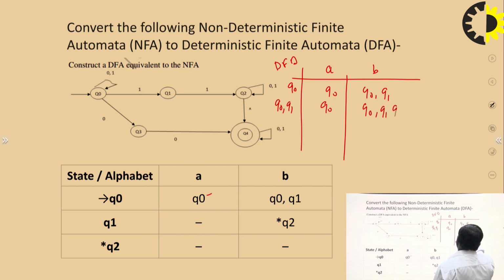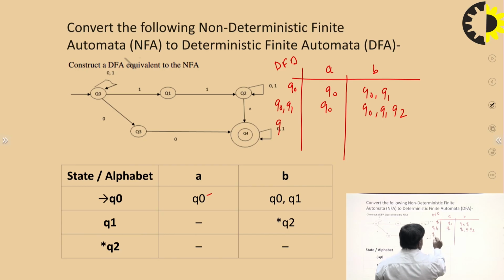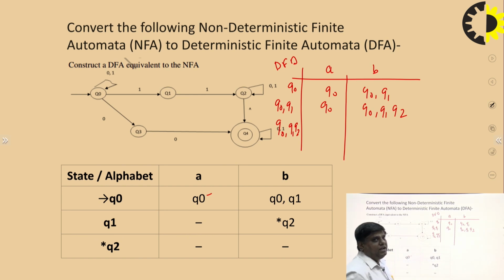So it means one extra new state is generated, that is Q0, Q1 and Q2, and we check the transition on A and the transition on B. If any new state is generated, then we consider it as the next state.